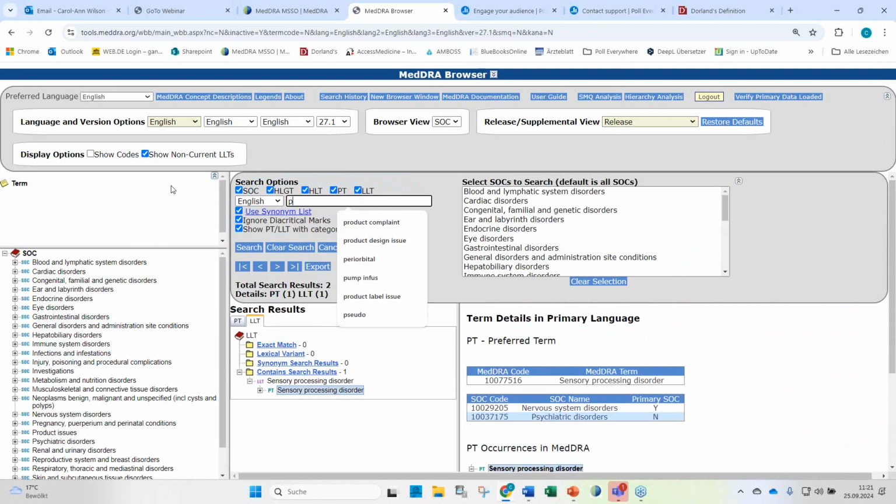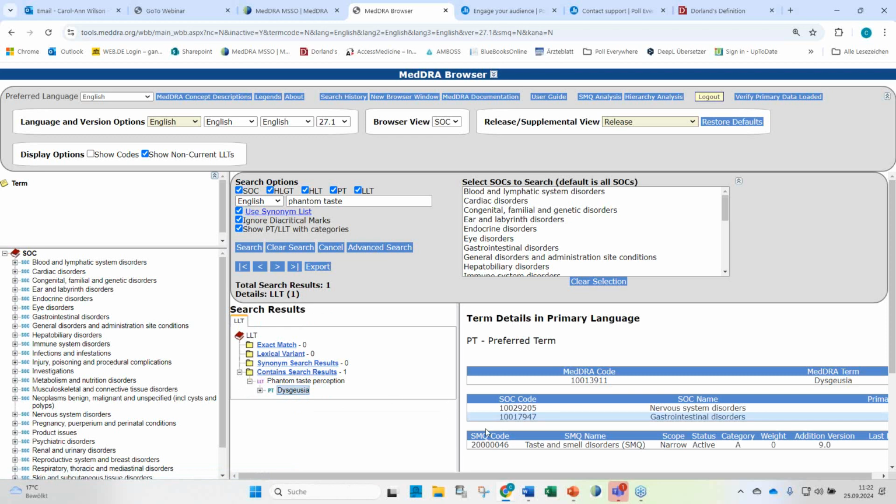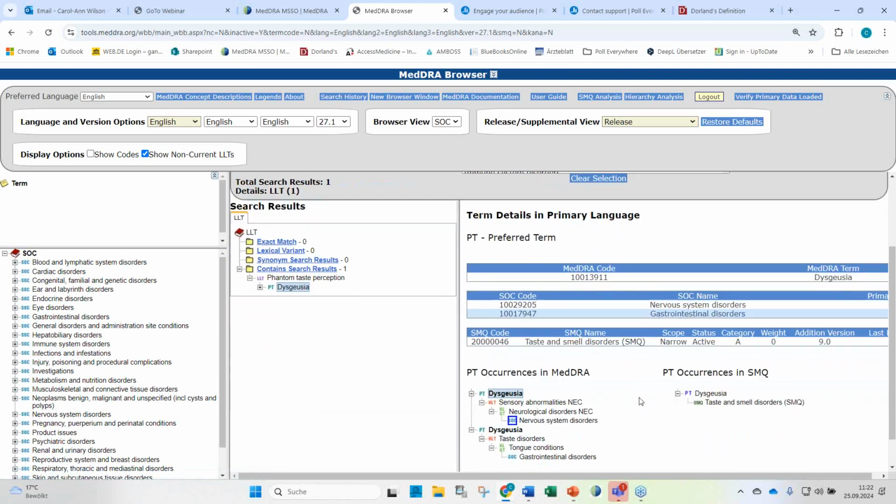Phantom taste perception was another option, and this is now grouped under, oh, I don't know how to pronounce this, dysgeusia, and here we are, sensory abnormalities related to the taste.